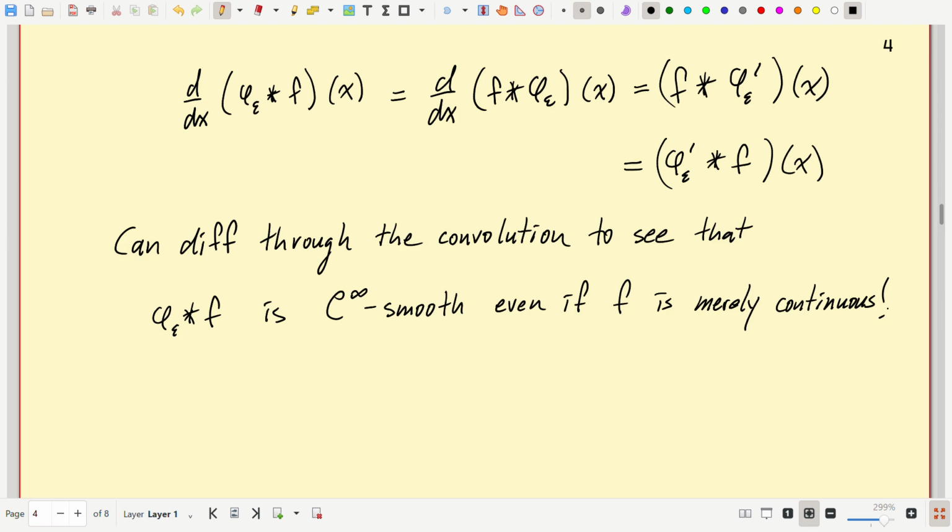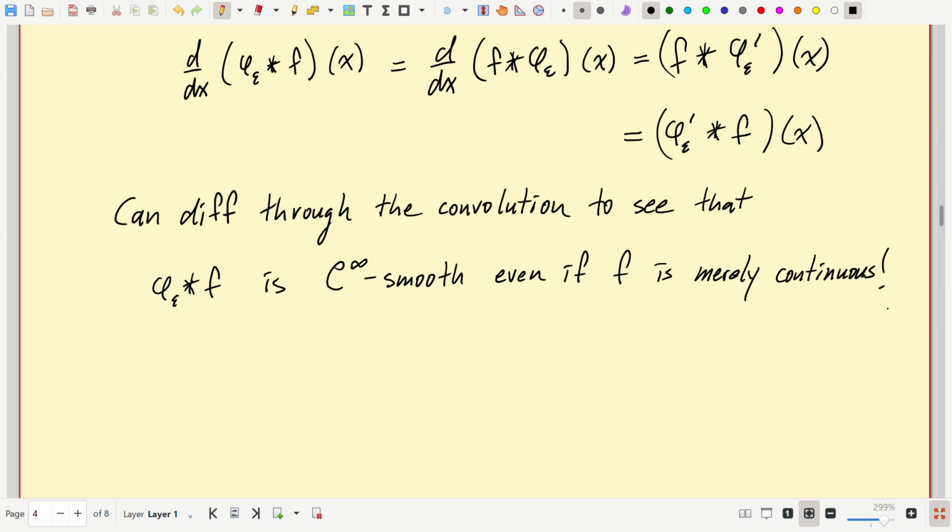And see, that works. It works if f is continuous and bounded, for example.